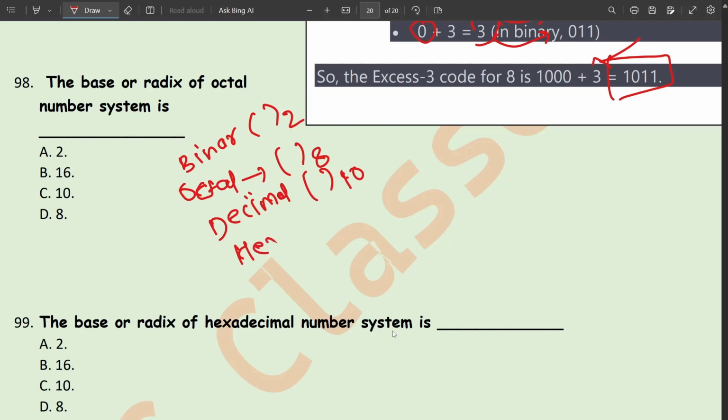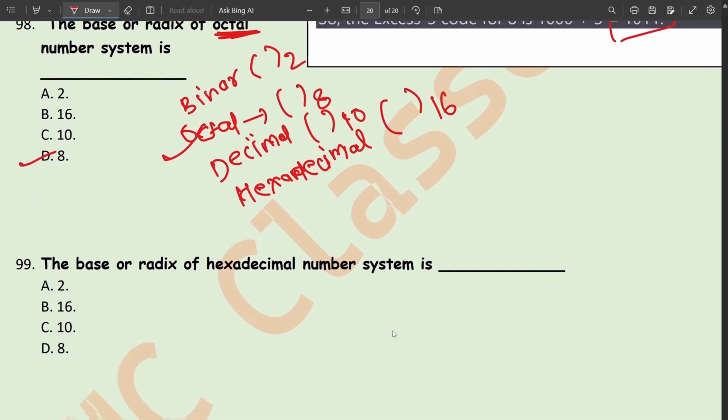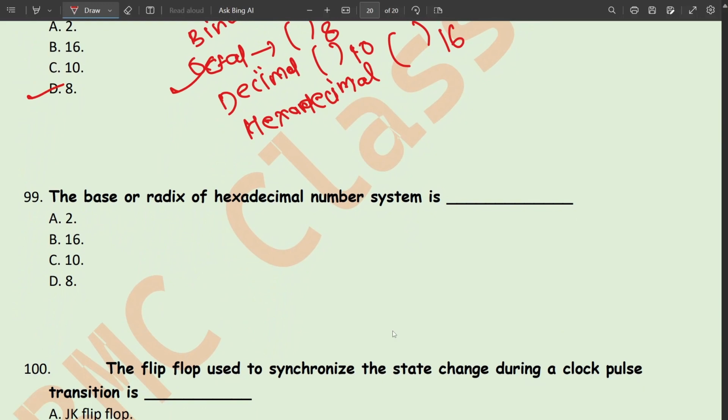And in hexadecimal, we use a base of 16. So the question is radix of octal. So we use 8. Option number D is correct. Next, the base or radix of hexadecimal number system. You see 16. Option number B is correct.